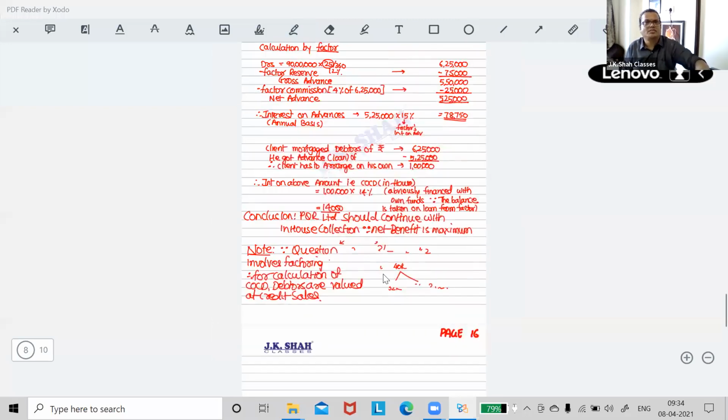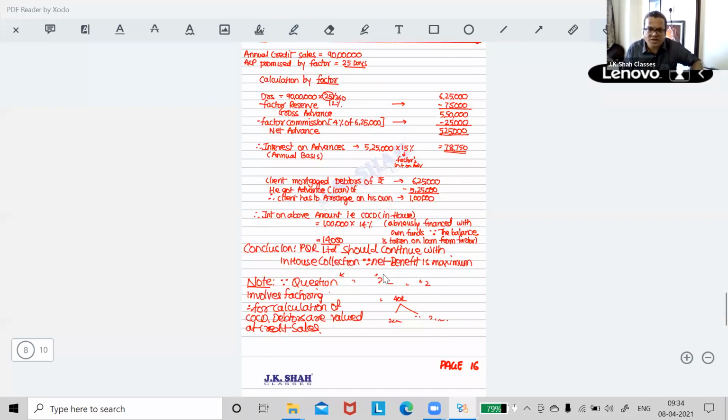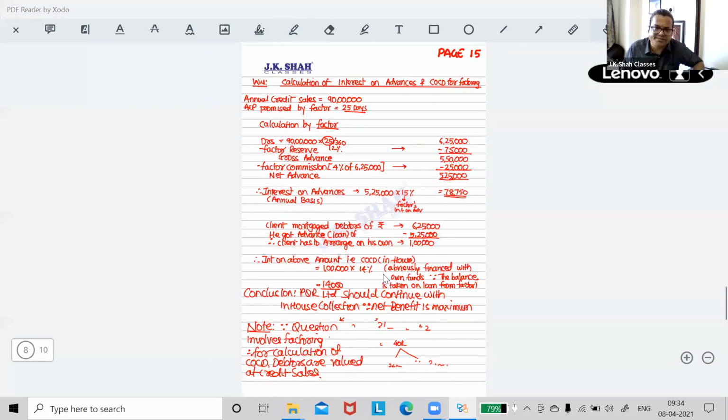So if you have to write anything from this page, you can take a screenshot and then you can leave the meeting.